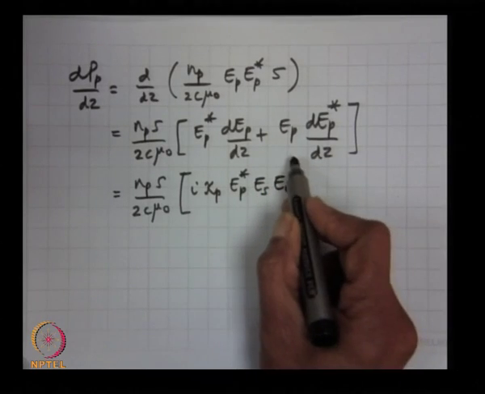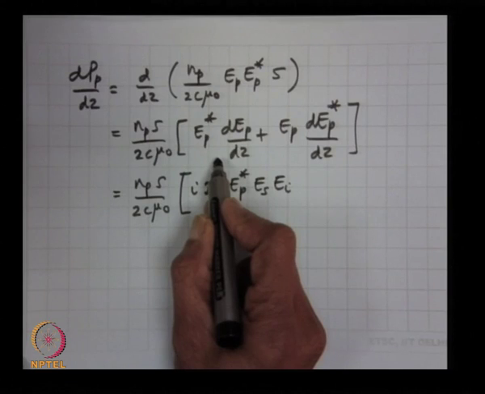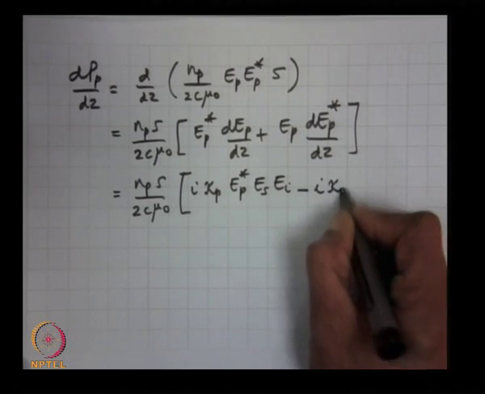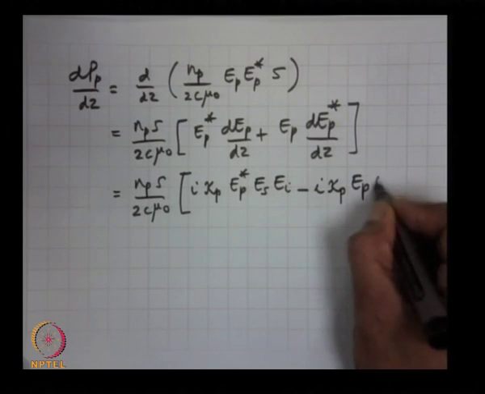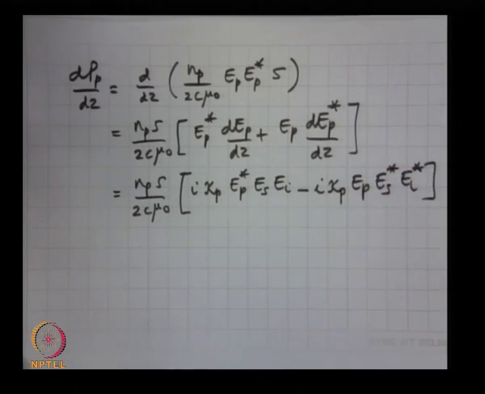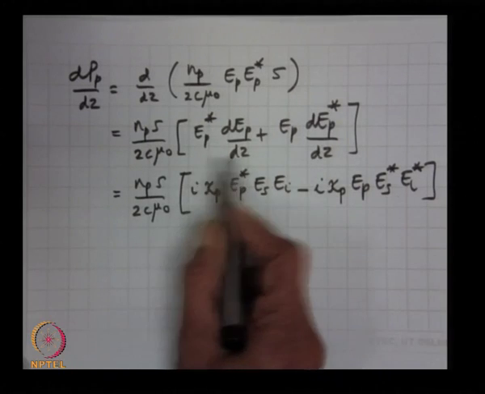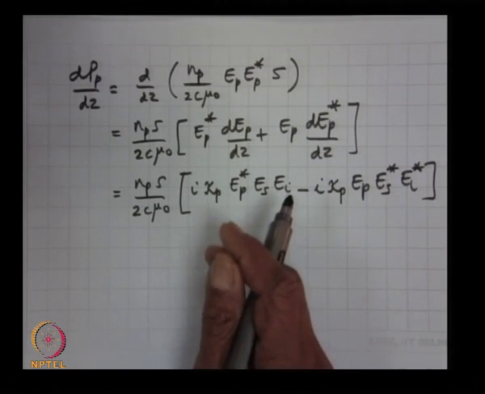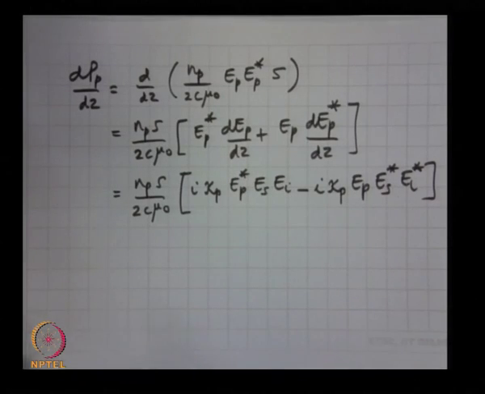Please note that the second term is the complex conjugate of the first term, so I will get minus i kappa p Ep Es* Ei*. The second term is the complex conjugate of the first, and kappa p has only real quantities: omega p, d, c, np, everything is real.